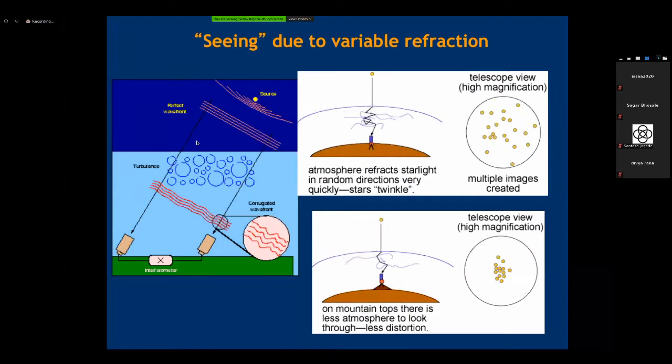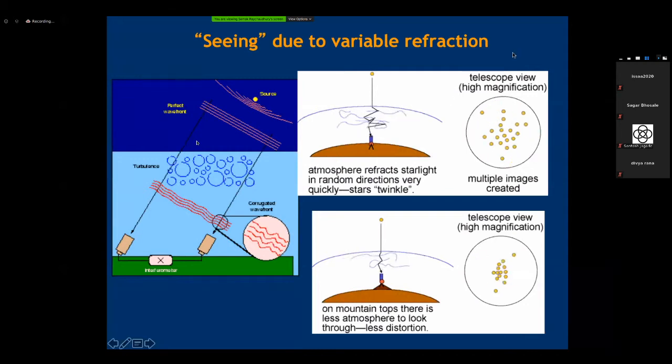It passes through this entire length of the atmosphere to reach you. The atmosphere is maybe 100, 150 kilometers of air, and every layer of the atmosphere has a different density, temperature, and pressure. And as a result, the local refractive index of that layer is different.